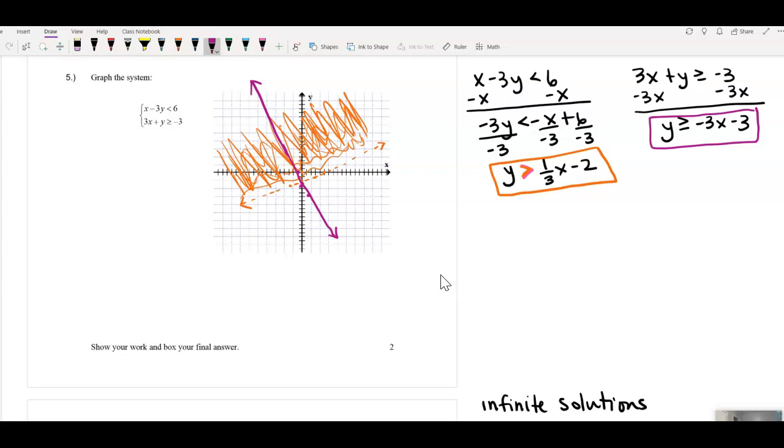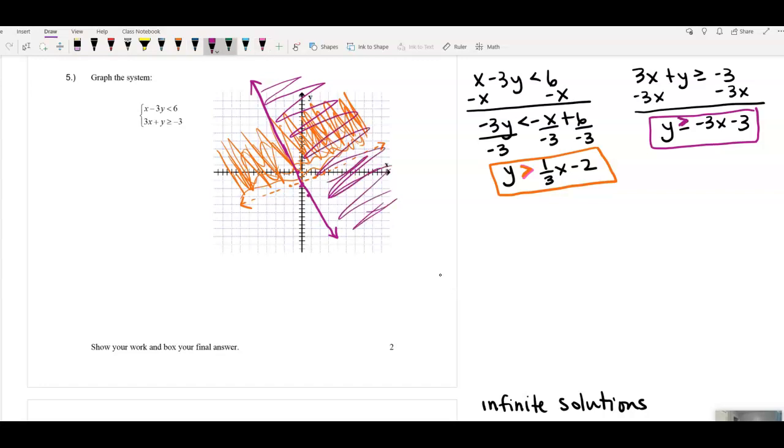And then after you draw this purple line here, then we need to decide which side of it needs to be shaded. It's greater than, right? Or equal to. We got the equal to part because it's a solid line, but the stuff greater than it is going to be the stuff above the line. So that's all the stuff here.